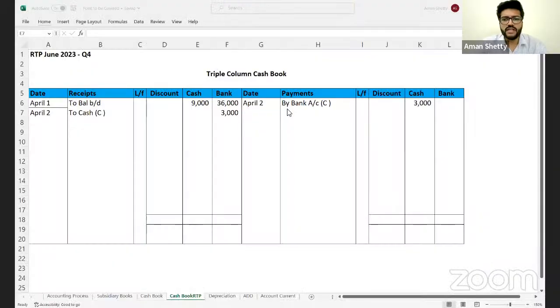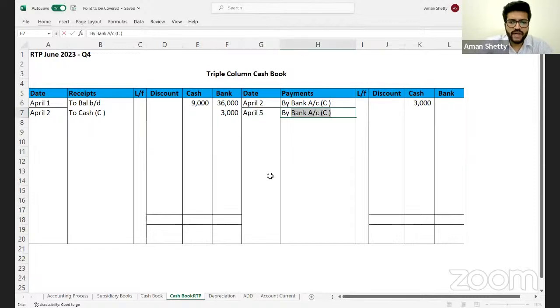So come to the cash book and write down. April 5th. By furniture account, in the bank column 4,500.